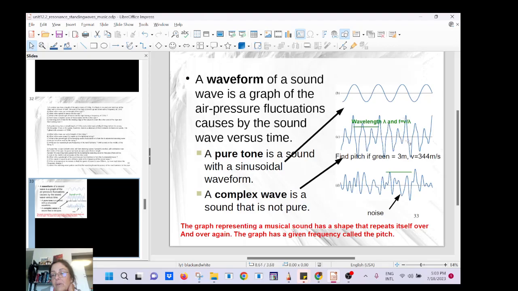That wavelength here will give you the frequency, the pitch of the instrument that you are playing. So for example, here you see that you have the cycle here that repeats itself. So the number of cycles per second will be your pitch. Okay, so that will be the frequency that you hear.